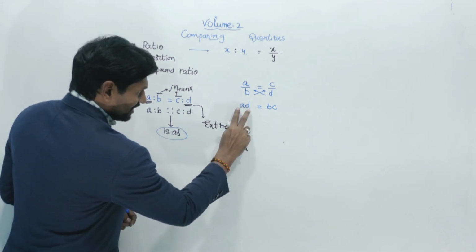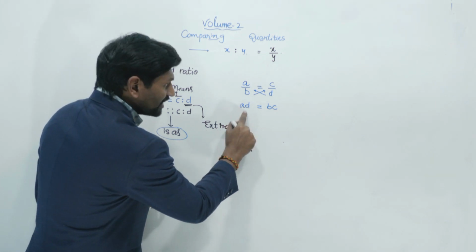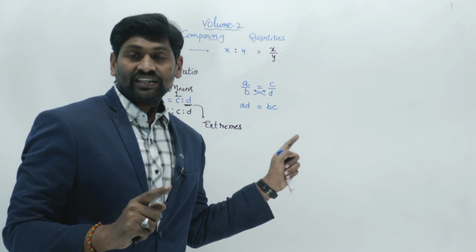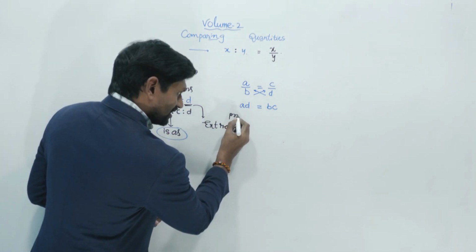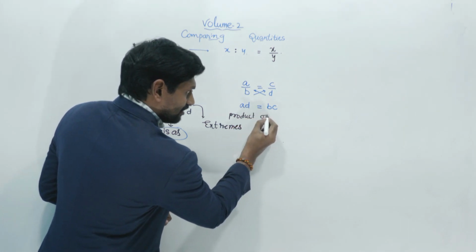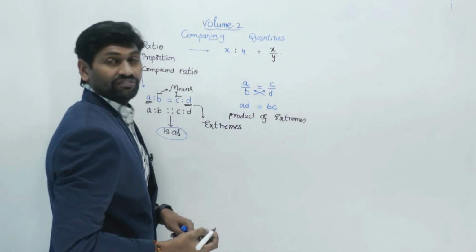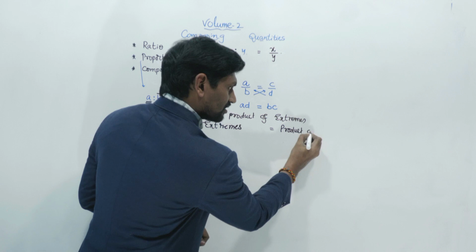While observing, A and D are extremes, and what is the symbol between A and D? It is the multiplication symbol. So we can say that product of extremes equals product of means.